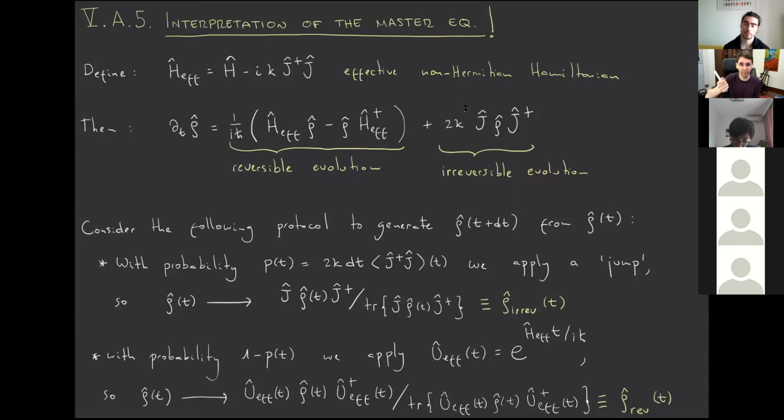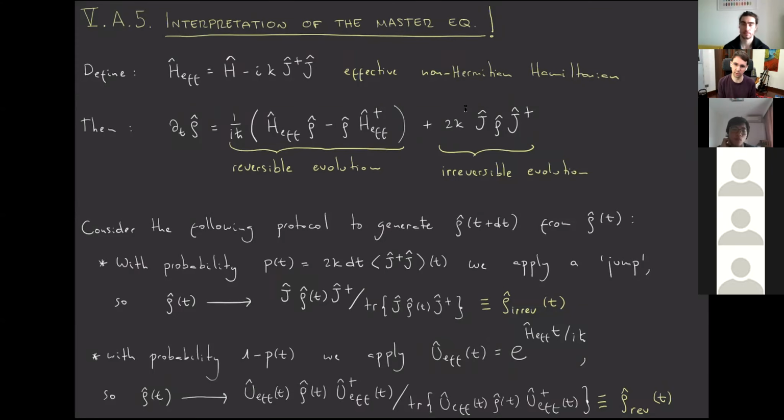And when you apply A dagger, you will get square root of n plus 1, times the Fock state n plus 1. So what you end up with is not the original Fock state, but the original Fock state multiplied by the square root of n times n plus 1. So then, in other words, this operation cannot be inverted.